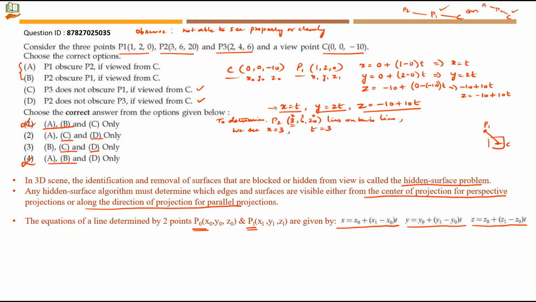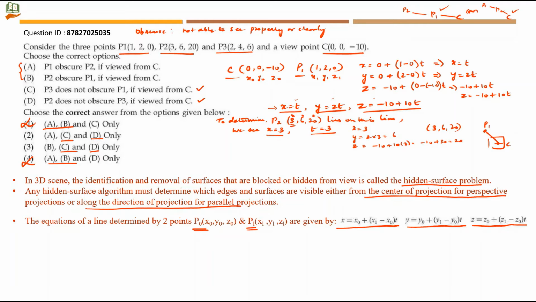So x is equal to 3, y is equal to 2 into 3, which is 6. Then z is equal to minus 10 plus 10 into 3, which is minus 10 plus 30, which is equal to 20. 3, 6, 20. When t is equal to 3, you get the P2 points exactly.